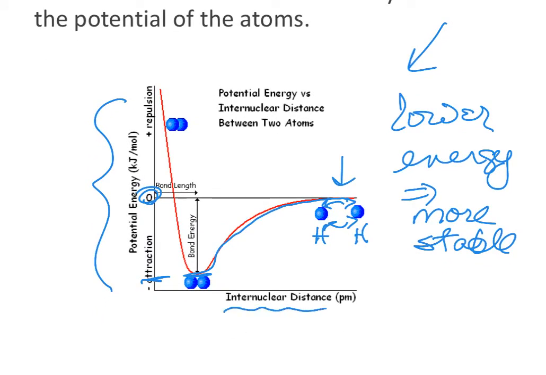It's internuclear distance. And don't worry about the units. That's picometers, but don't worry. The internuclear distance is the distance between the two atoms. And so as that internuclear distance decreases, in other words, as they get closer together, look what happens to the potential energy of the system. It's going down. It's getting more stable.